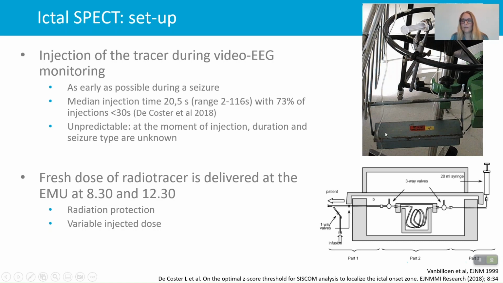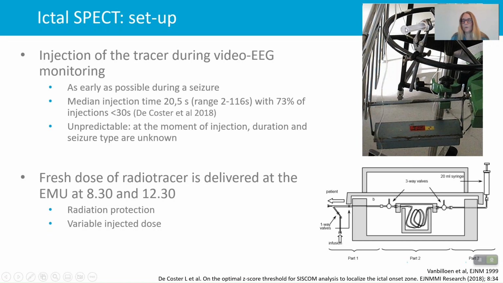Through different valves, it gets connected up to the IV line of the patient. So here you would have the IV line of the patient going towards the patient. And it's developed in such a way that the epilepsy nurses never have to open this box, so they never get a direct exposure.